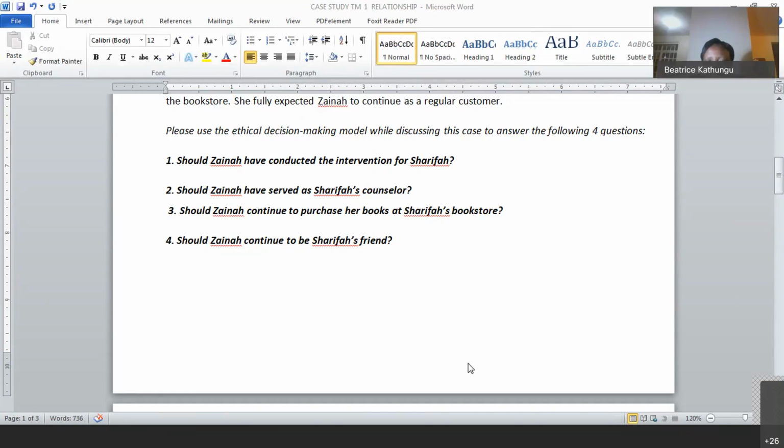What I see there is that the context may matter. If there is low risk of exploitation, because we need to consider even within the multiple relationships that she has with Sharifa, could there be risk of exploitation? If the risk of exploitation is low, then that might be one factor to consider.